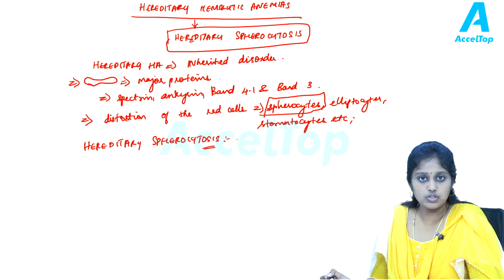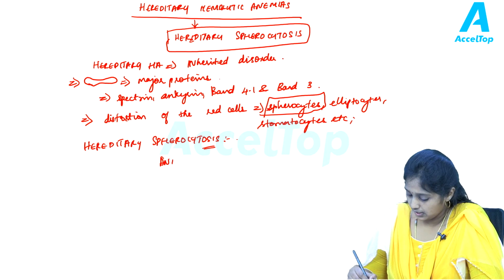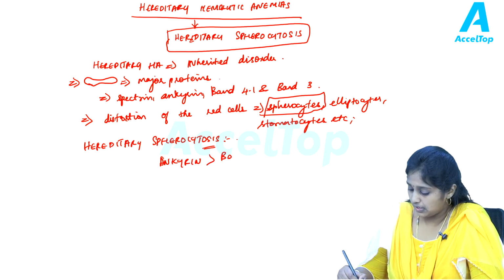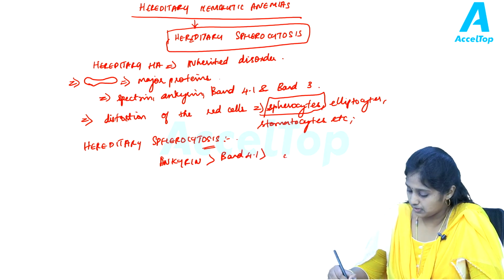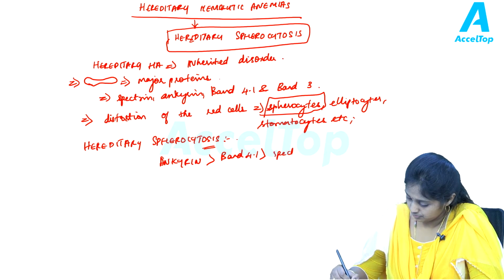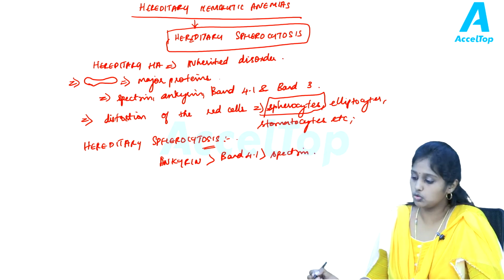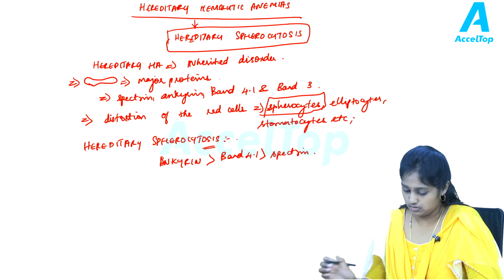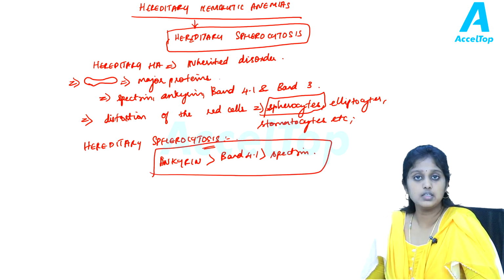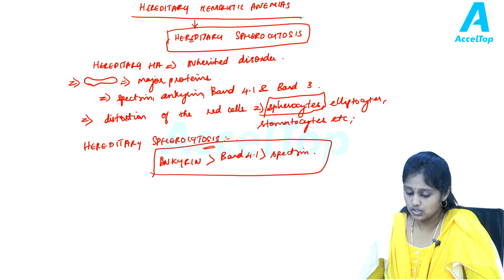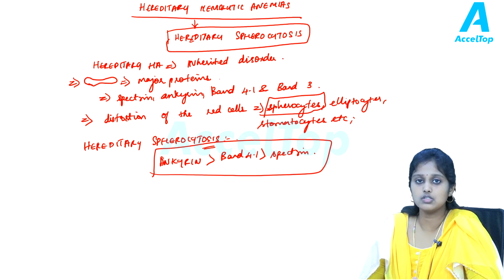And among the main protein defects, ankyrin defect is more common than band 4.1, which is more common when compared to spectrin. So, hereditary hemolytic anemias are inherited disorders due to membrane defects: hereditary spherocytosis, elliptocytosis and stomatocytosis.